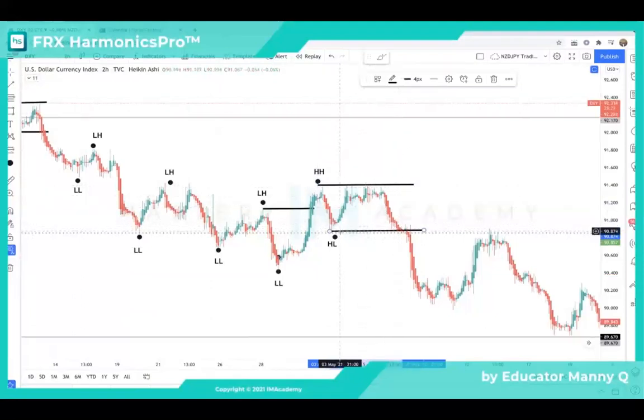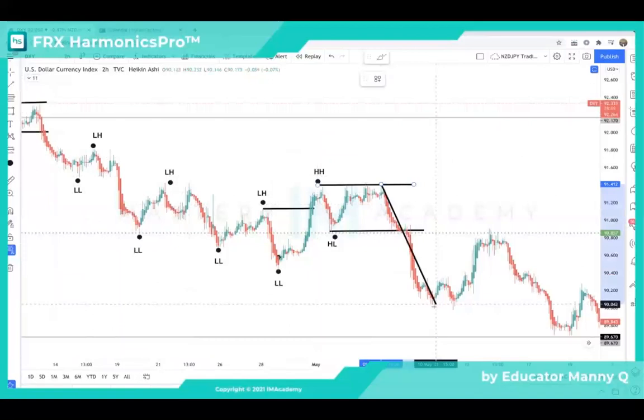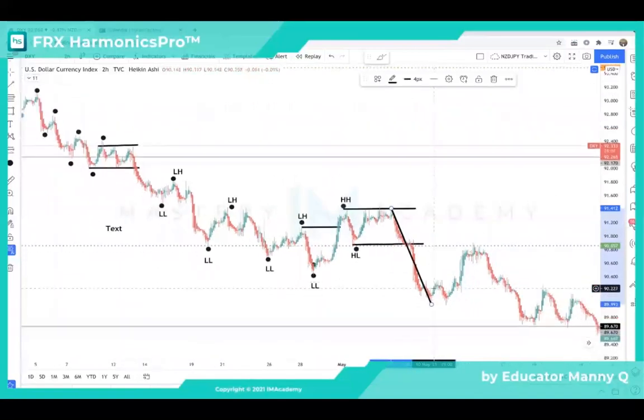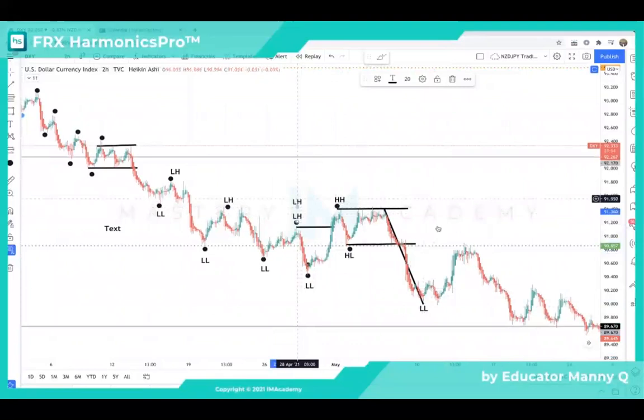Now, when it came back to the low, the previous higher low, and it broke that, what is that now telling us? That is now telling us that this market is going back into a downtrend. And now the market sequence is back into a downtrend. The market has now made a new lower low, and it's now pushing back up, creating a new lower high.